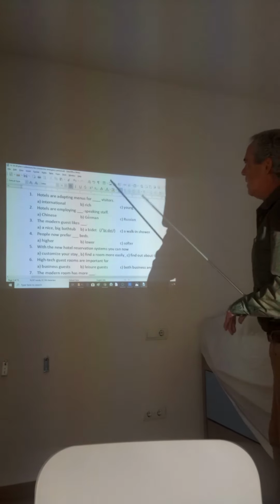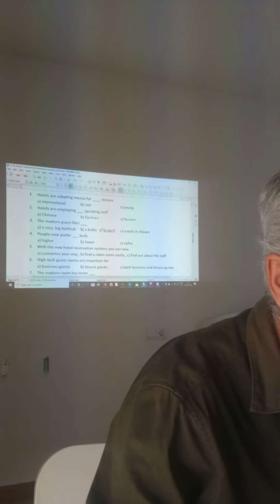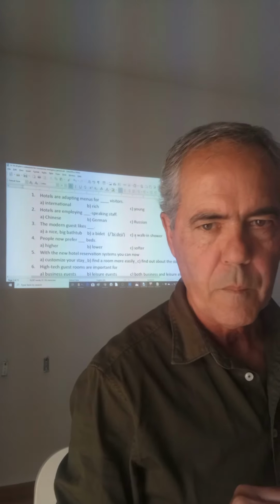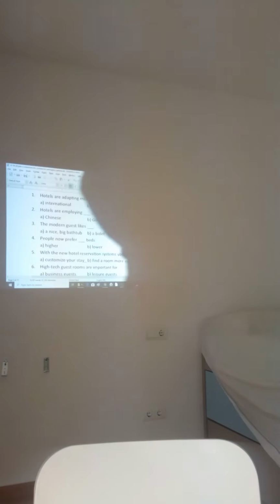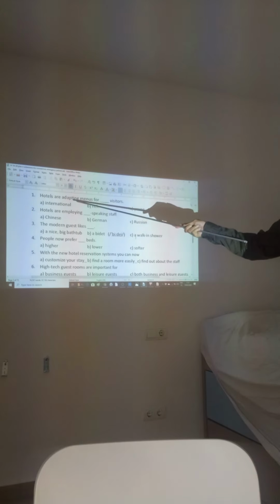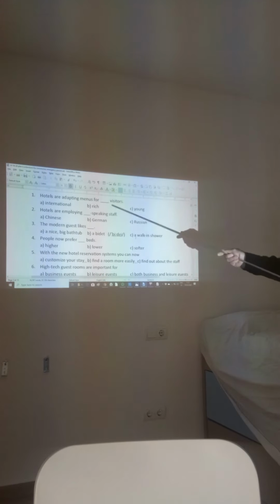the first question is, I'm not sure you can see this, but make it bigger. Okay. I think it's okay now, isn't it? So the first question, hotels are adapting menus for international visitors, rich visitors, or young visitors. Choose one. We don't know.